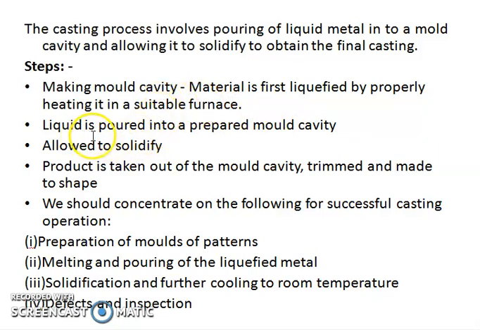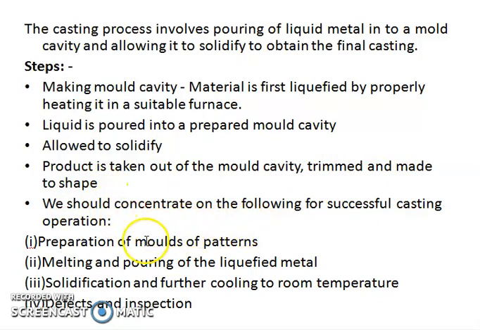So that liquid, the molten metal, is poured into a prepared molding cavity. Allowed to solidify means to cool it. The product is taken out of the mold cavity, trimmed and made to shape. After solidification, take that product outside and remove its extra material. Then we get the required shape.